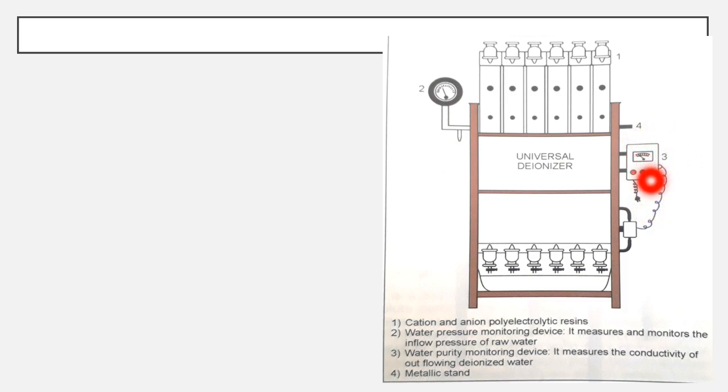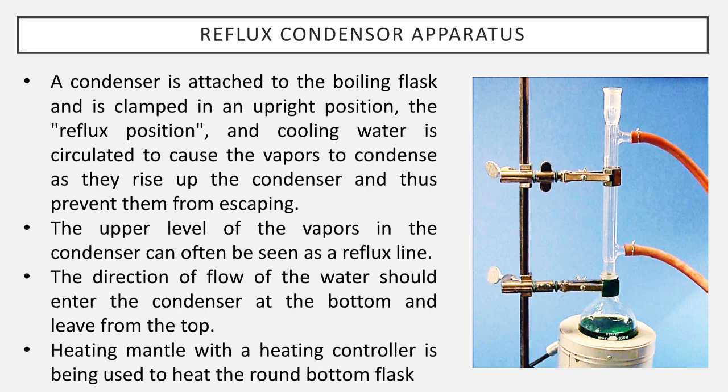This is the water purifying monitor device which monitors the TDS of water and also measures the conductivity of water flowing through. Okay, this is the diagram you should draw. Coming to another equipment, reflux condenser apparatus.